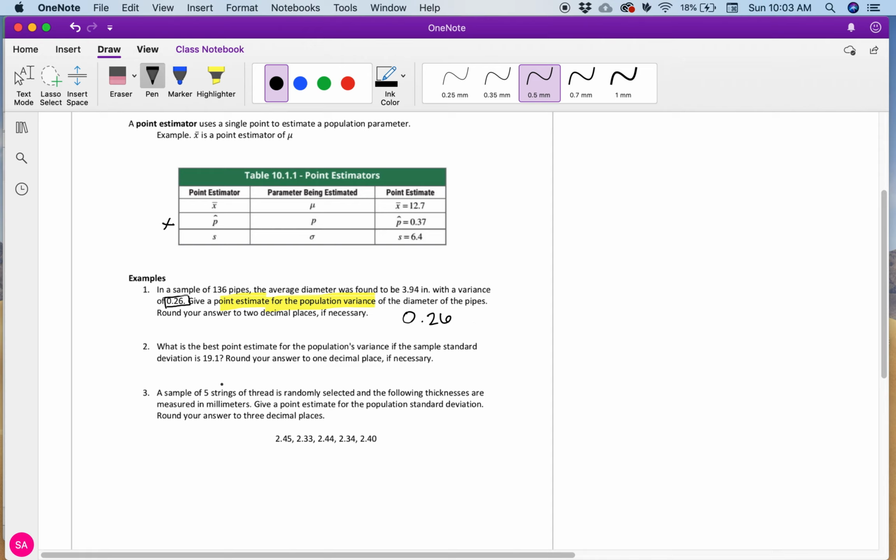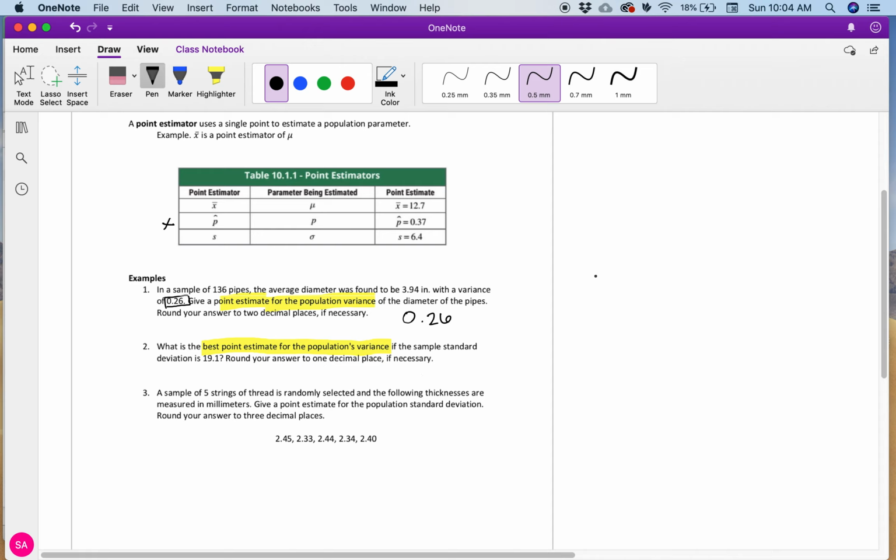Number 2, what is the best point estimate for the population's variance if the sample standard deviation is 19.1? So they want to know, again, the best point estimate for the population's variance, but they don't give us any information about the variance. They just tell us that we know the sample standard deviation is 19.1. And we can actually use standard deviation to find the variance.